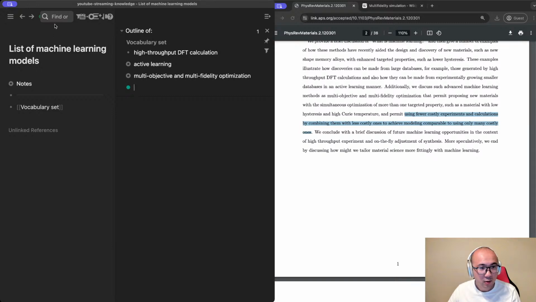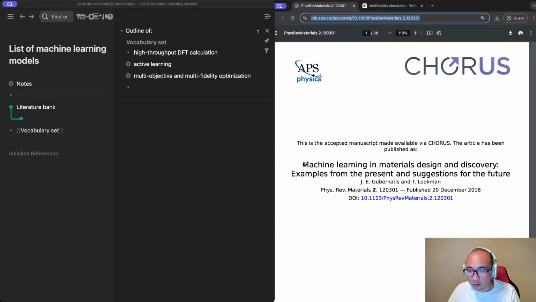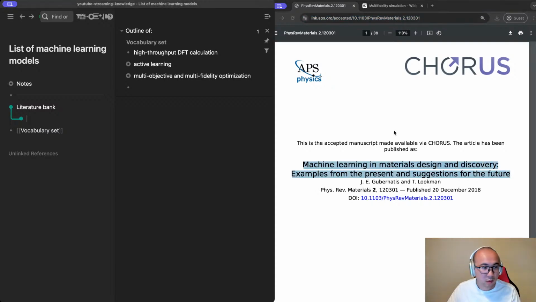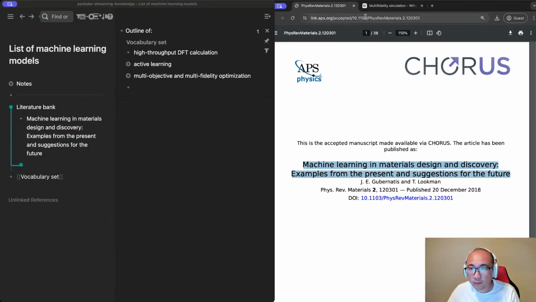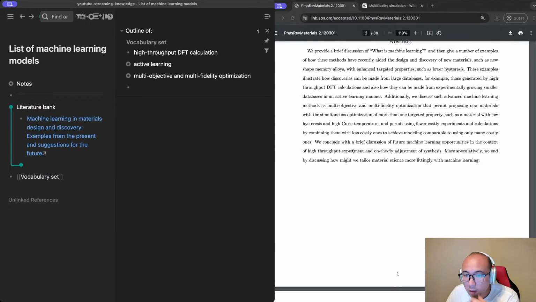Okay, so I think I also need to build like a literature bank. The first thing is this one. Concluding with a brief discussion of future machine learning opportunities in the context of high throughput experiments and on-the-fly adjustment of synthesis.